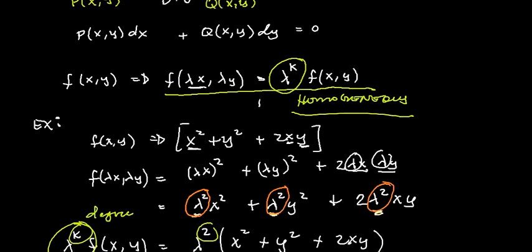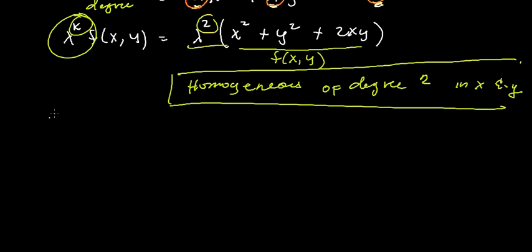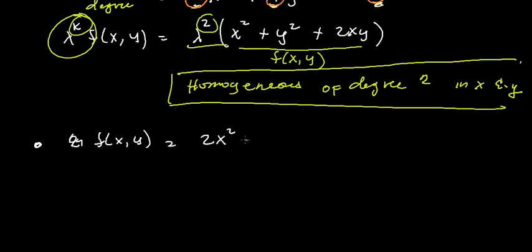So let's try another example. Say we have the function equal to 2x squared minus y squared plus 3x.